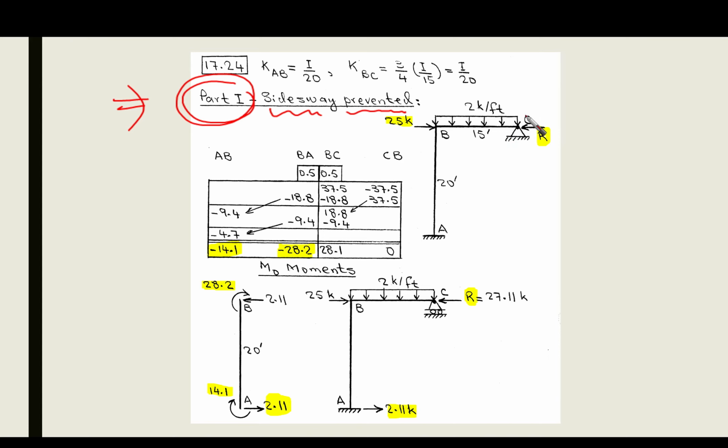By adding a fictitious support at point C, for example, here, and then we calculate the reaction that is going to be developed. So this is the first part, which is the analysis of the system based on the concept that the frame is Sidesway prevented.